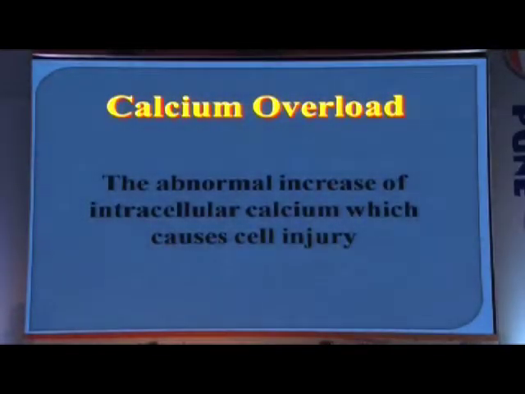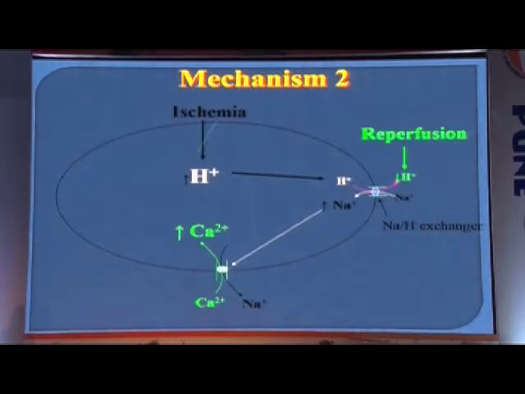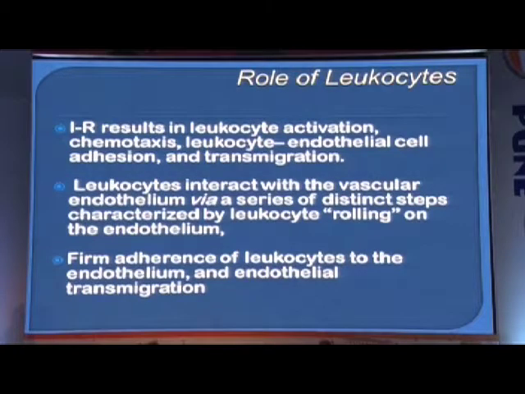Calcium overload is another mechanism by which there is cellular injury. Whenever there is ischemia, membrane depolarization occurs, and during reperfusion more calcium will enter and cause calcium load and damage. The other mechanism is that whenever there is ischemia, excess acid is there, which is exchanged with sodium, and calcium and sodium levels in the cell will go up, causing cell damage.